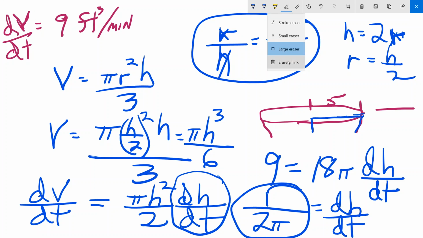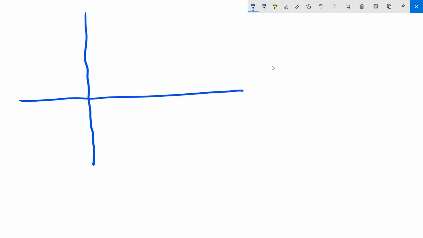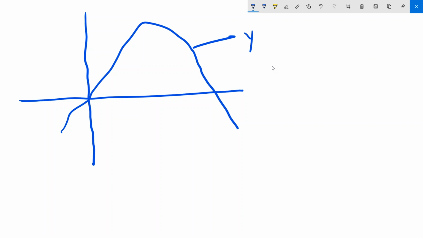Now, I'm going to go back and try to do this one again. That equation, first of all, is x squared minus 2.